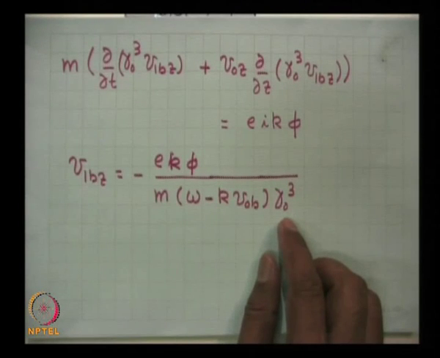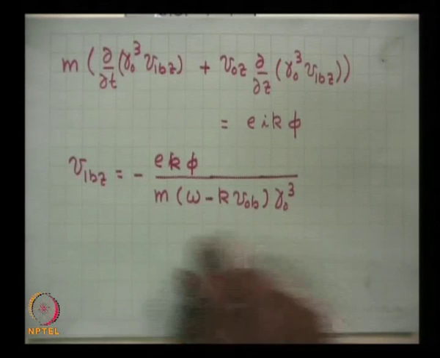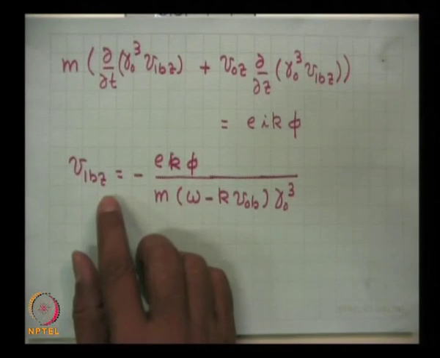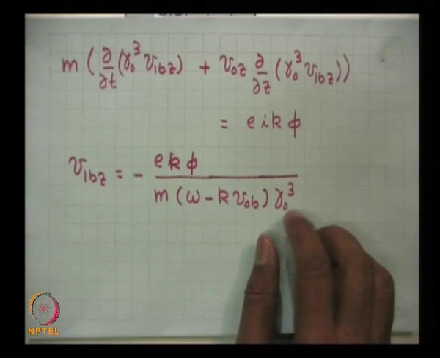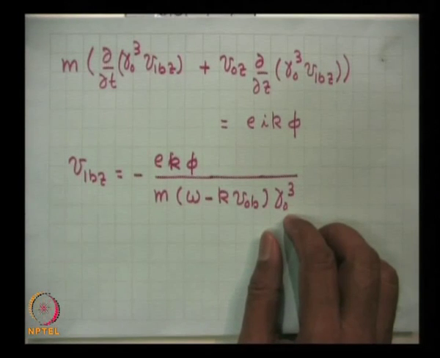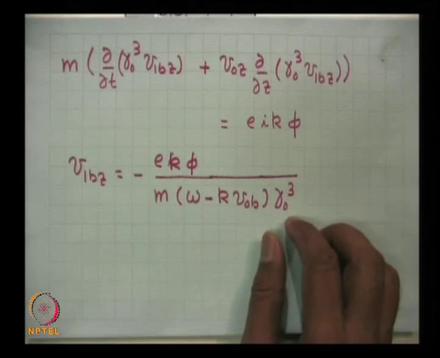So this half MeV kinetic energy electron will have gamma 0 equal to 2. So then gamma 0 is 2, but gamma 0 cube is 8. So effective mass as far as the response of electron to the wave is concerned is suppressed by gamma 0 cube, meaning 8 times. This is a very important reduction factor.